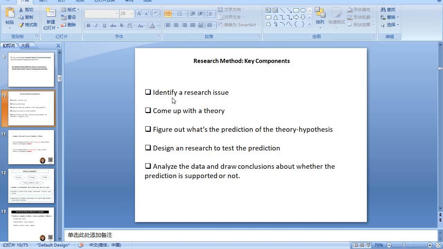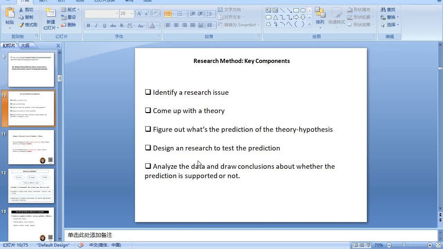First, you identify a research issue, you ask a specific question, and then you come up with a theory, which is a tentative answer to your question. And then you can figure out the prediction based on your theory, which is a hypothesis. Next, you design a research.